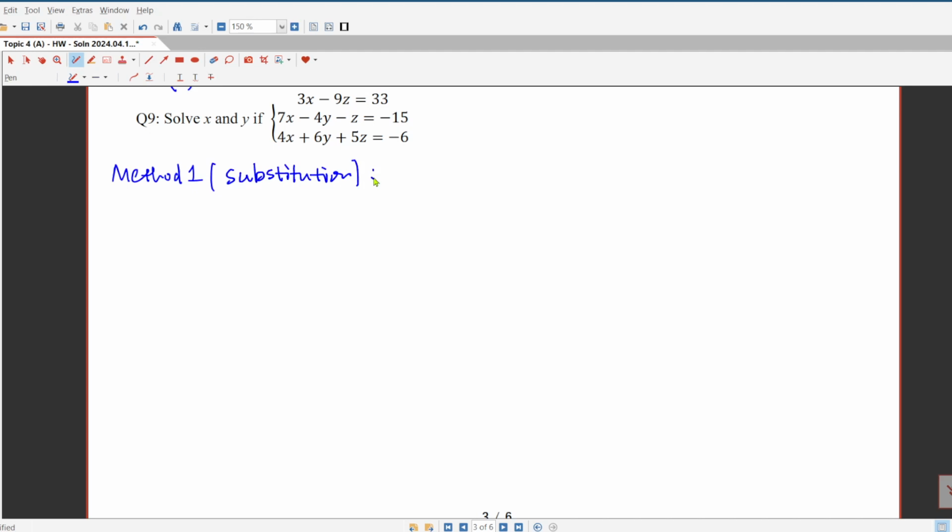And the key is to eliminate or reduce the number of variables. So, okay, first of all, let's simplify the first equation a little bit. The first equation can be simplified by dividing both sides by 3, right? So that's x minus 3z equals 11. The second one, we could just leave it there.